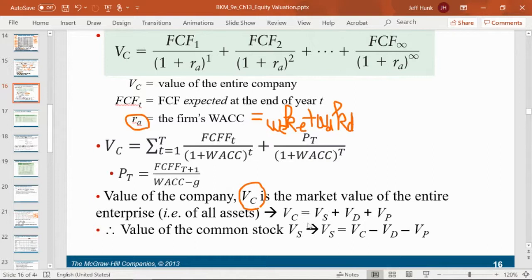And since the value of the company is the result of the value of equity, common stock, and the value of debt, and the value of preferred stock, we need to isolate the value of the common stock.